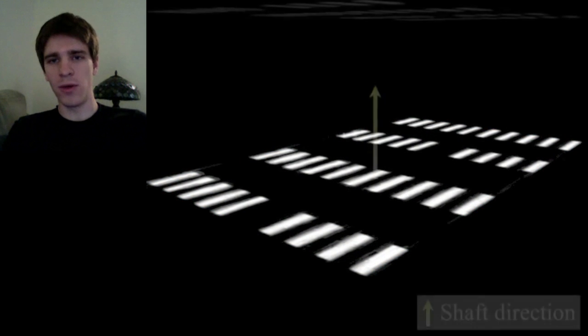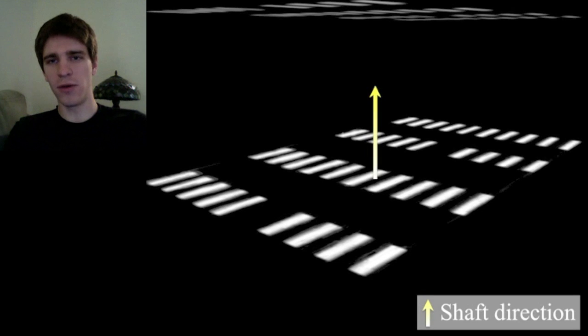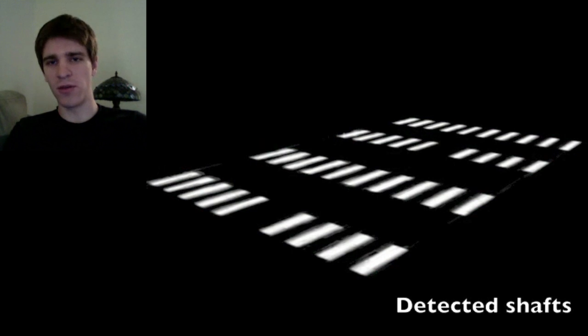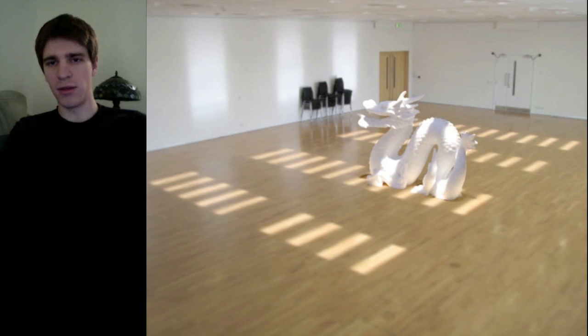Then we know the direction in 3D where the sources are coming from, and then we use a shadow matting procedure, which tries to find shadows in the scene, and then we use the opposite of that mask, or the unshadowed regions. This is the pattern that we use for the light shafts.